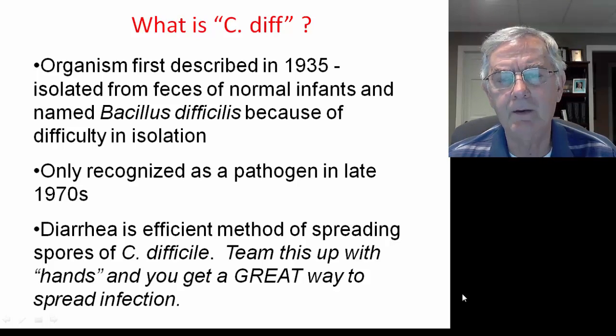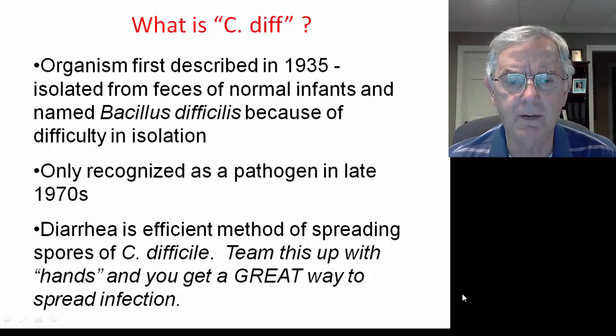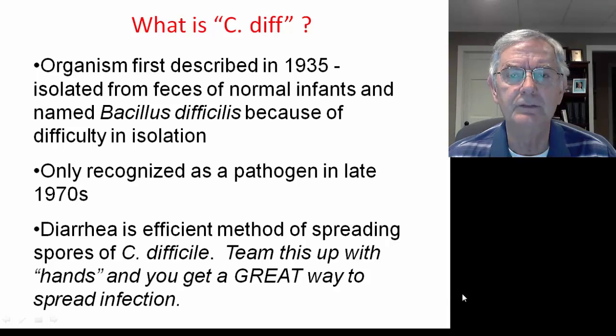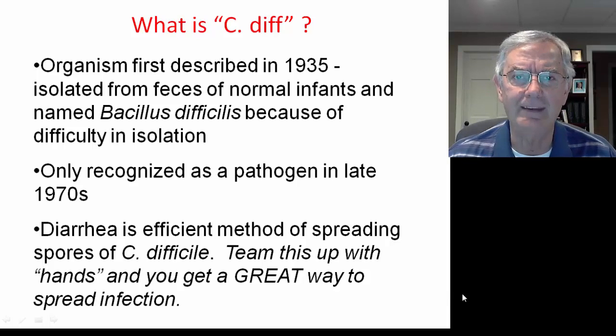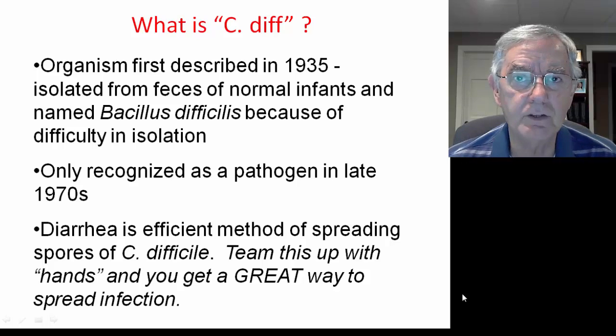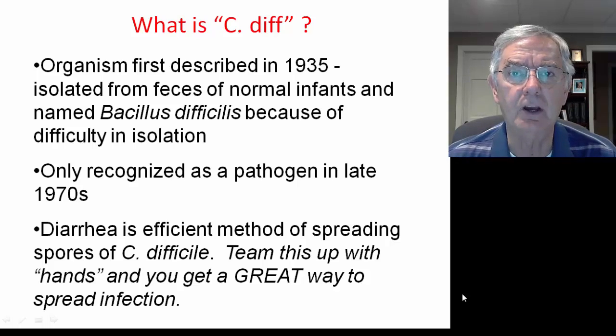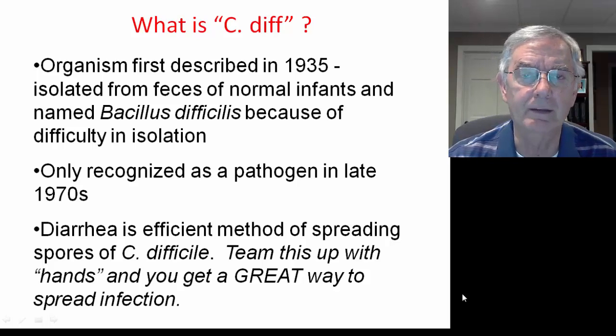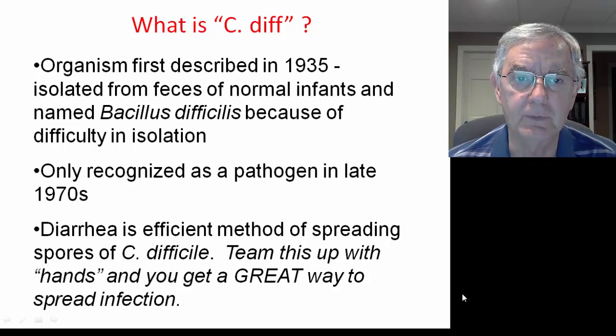Now, diarrhea, as all of us know, is a very efficient method of spreading any organism, particularly the spores of Clostridium difficile. So if you team this idea up with the concept of hands that are not washed properly and things that touch contaminated objects, we really have a great way to spread this infection throughout a hospital or a portion of the hospital.